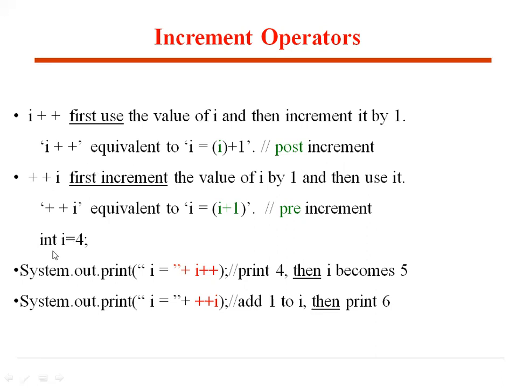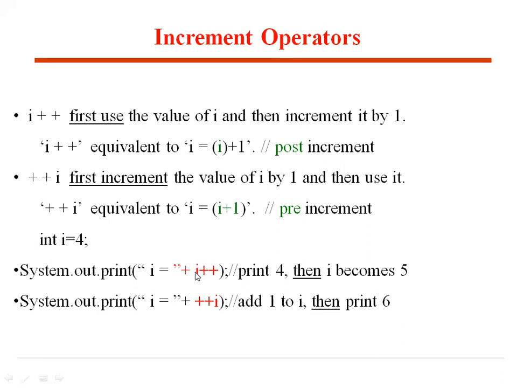So we consider a simple example here. Say int i = 4. I have taken a variable i with initial value 4. If I write a System.out.print method with i++, what is the value of i printed here? The first task is printing the value of i, then afterwards incrementing it.